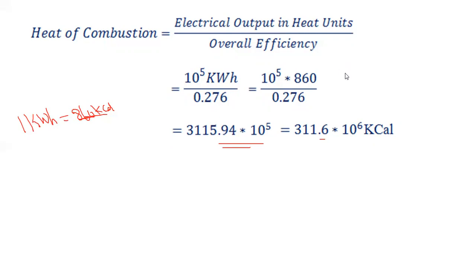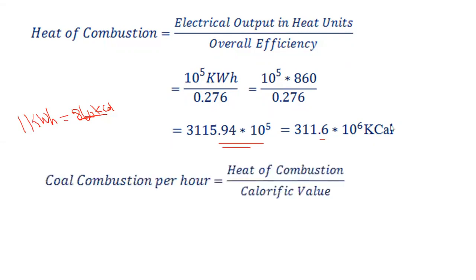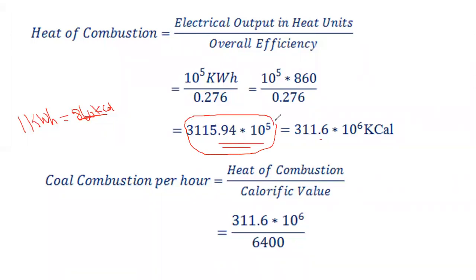Now we can find out how much coal is utilized per hour to generate power in this power plant, the coal consumption per hour. That is the heat of combustion by the calorific value. The heat of combustion is 311.6 into 10 to the power of 6, or directly we can substitute 311.594 into 10 to the power of 5 by the calorific value, 6400.